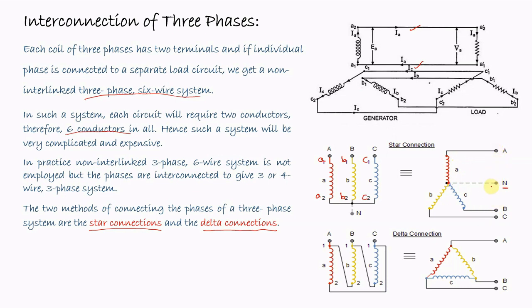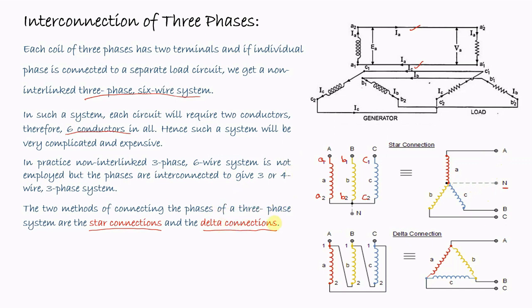So this system is considered as the three-phase four-wire system because we have three phases of power supply and we have one neutral terminal also. Sometimes the neutral terminal is not used. In that case, it can be considered as the three-phase three-wire system.